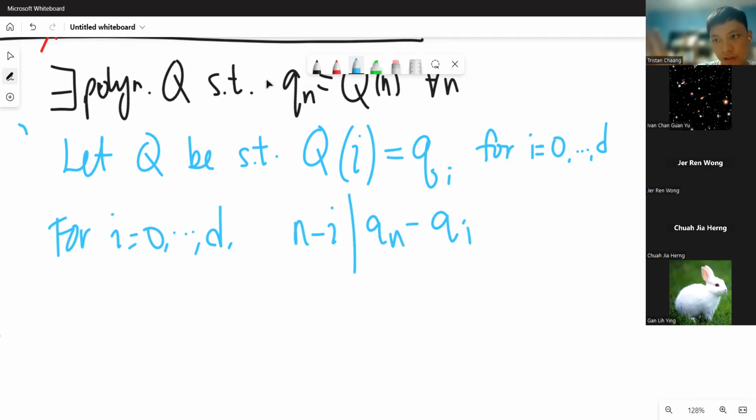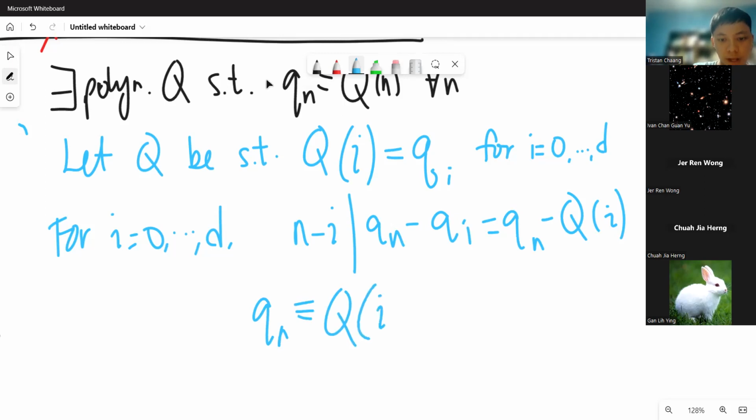So that's the condition 1. But this is Qn minus big Qi. Okay, so is that fine? So Qn is congruent to big Qi mod n minus i.